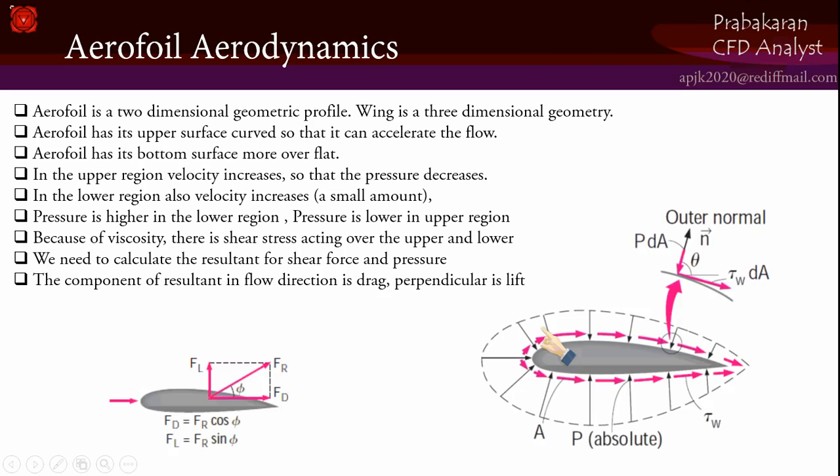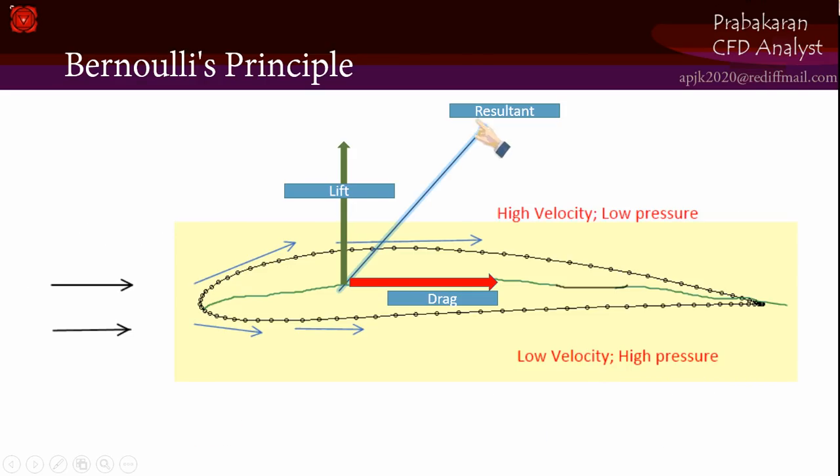I will convert this pressure into pressure force, and this shear stress into shear force, and I will add up these two forces to find the resultant force for the total aerofoil.